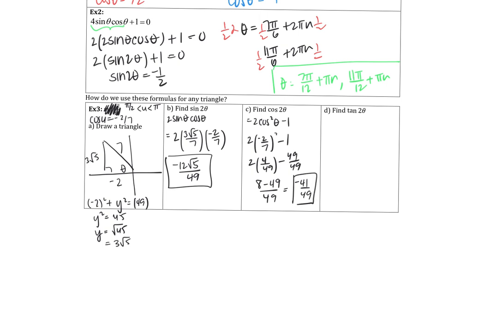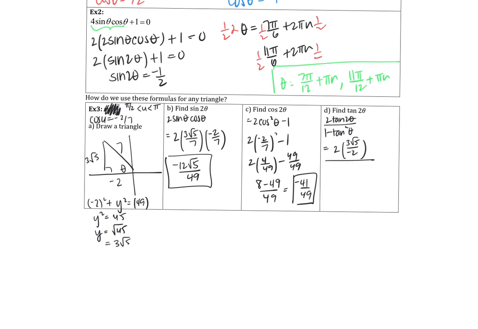And last but not least, let's find our tangent 2 theta value. So that formula is 2 tangent theta all over 1 minus tangent squared theta. All right, so 2 tangent of theta is opposite 3√5 over adjacent, which is -2.